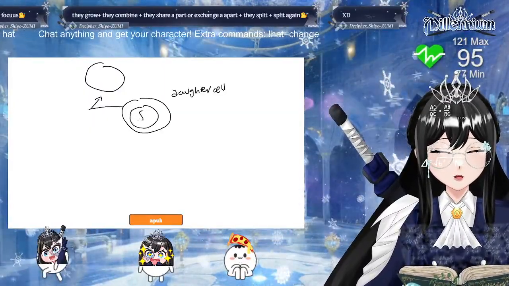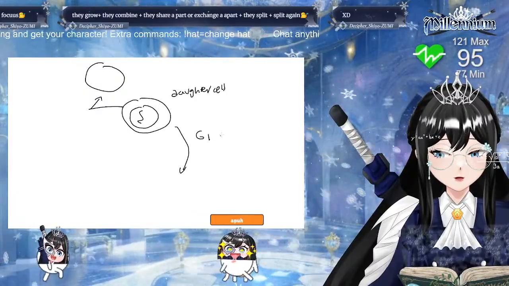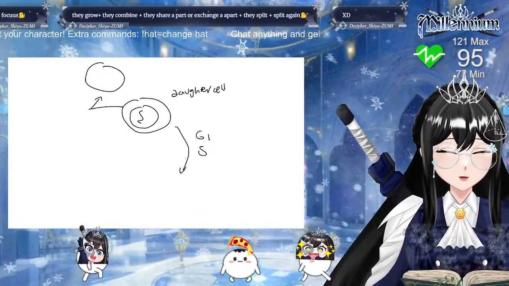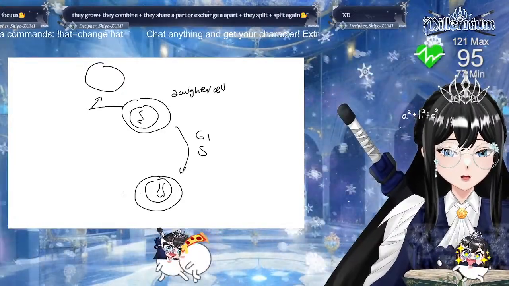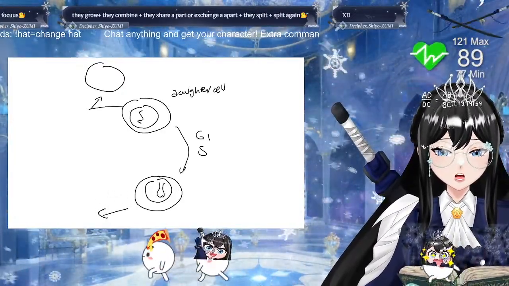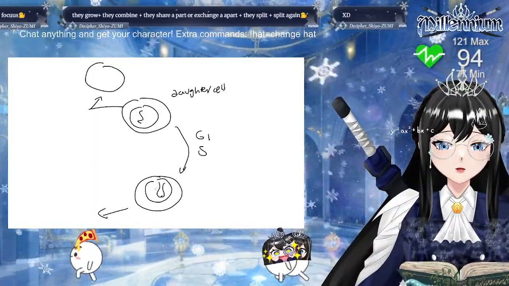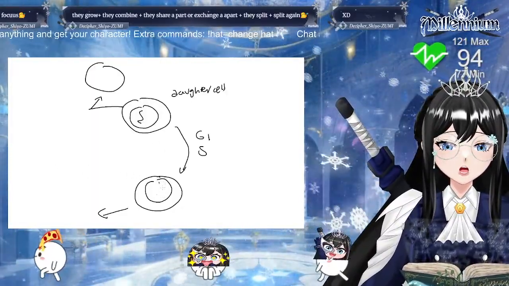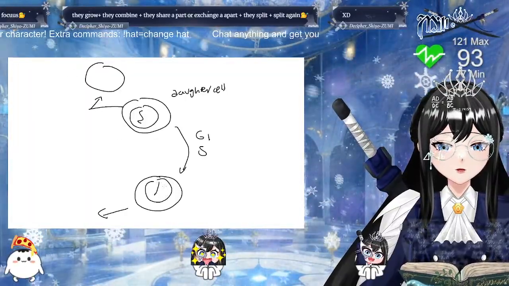And then you go G1 with cell growth and S multiplying. Then you have this one now here, 2. And then, no, that does not look like very clear DNA. I'm gonna write that again. Like this. Yeah, that's good.